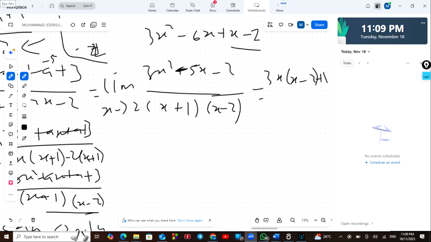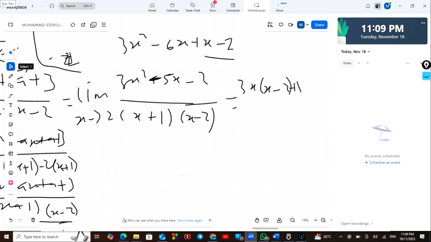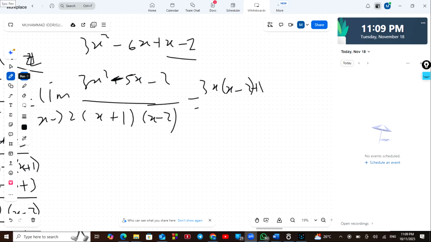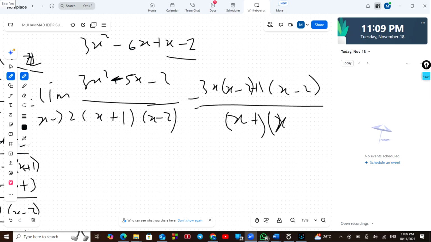We can factor out 1 here and factor out 1 there. We have x minus 2 all over x plus 1, x minus 2. So from here our limit, this is still our limit as x approaches 2.